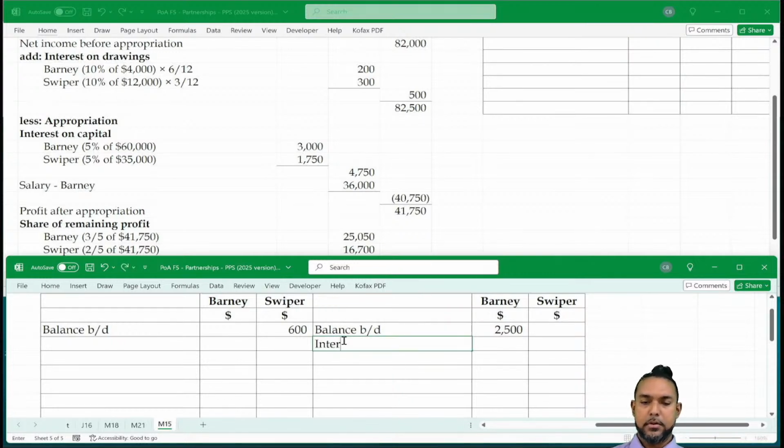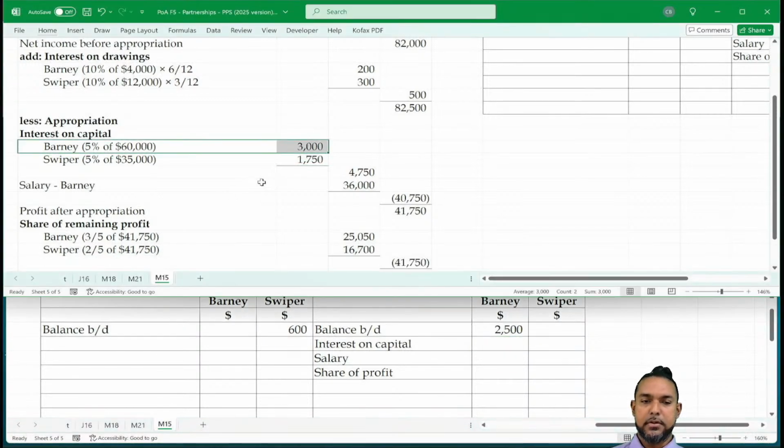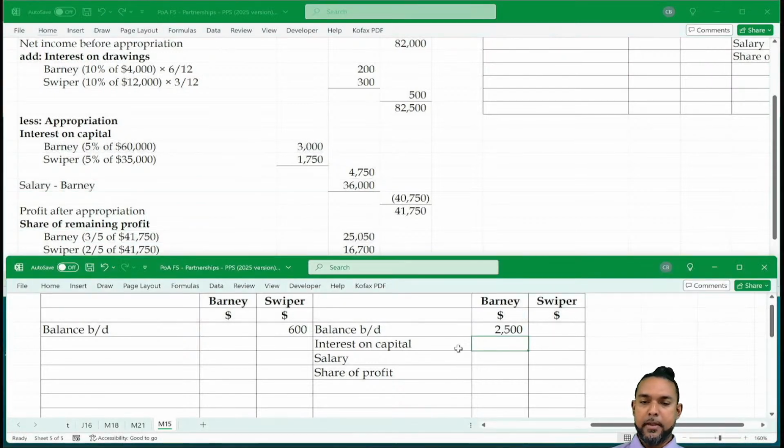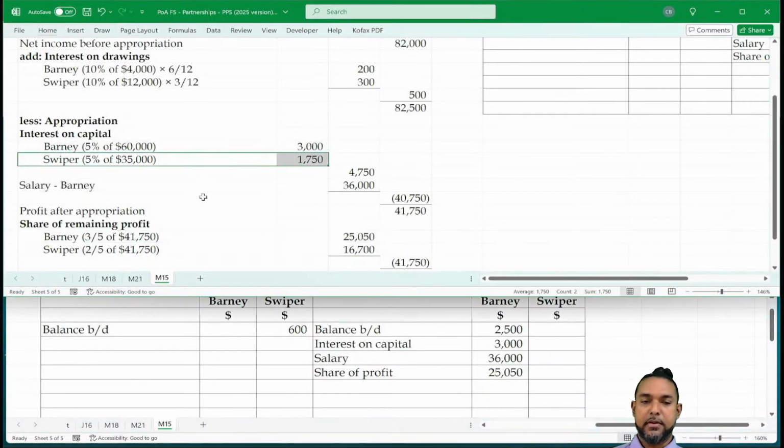Interest on capital, salary and share of profit. So for Barney, interest on capital was 3,000. Salary was 36,000. Share of profit was 25,050. Sorry, 1,000, 36,000, and 25,050. For Swiper, we had 1,750, no salary, and 16,700.